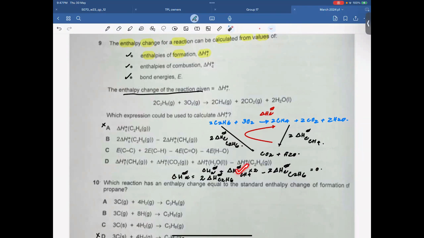This is plus. If it shifts towards the right hand side, obviously it's going to be minus. So it's going to be 2 moles of standard enthalpy change of combustion of methane. So that's the option given in here. So I think B is going to be the right answer, all right, for this question.